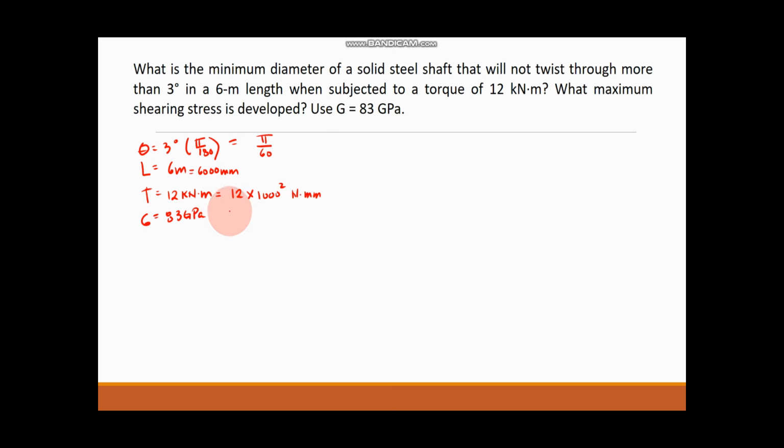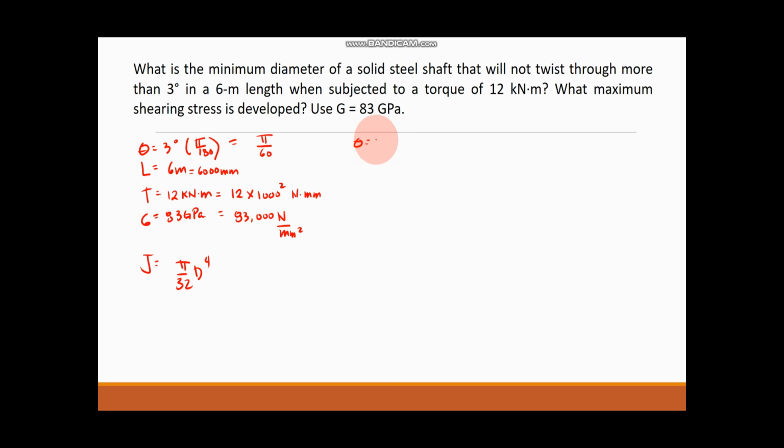And then 83 gigapascals is equal to 83,000 megapascals or Newtons per square millimeter. And for this solid steel shaft, the polar moment of inertia is equal to pi over 32 d raised to 4. So, what we are looking for first is the minimum diameter.